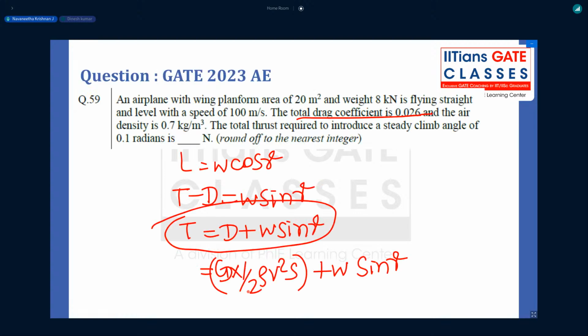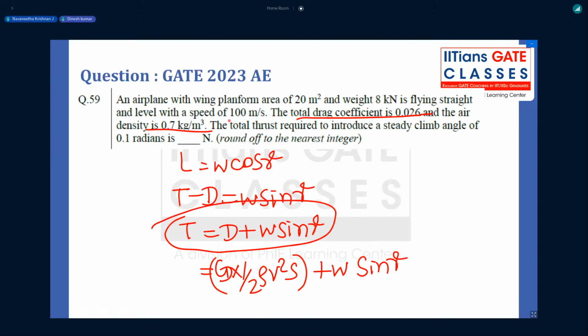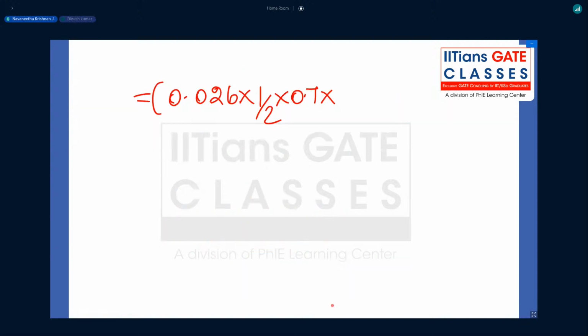Density, they have given it as 0.7 kilogram per meter cube. The velocity at which it occurs is a speed of 100 meter per second. So 100 meter per second.